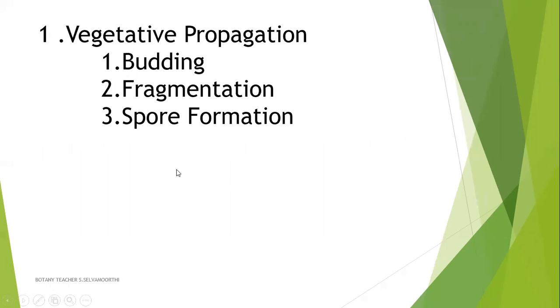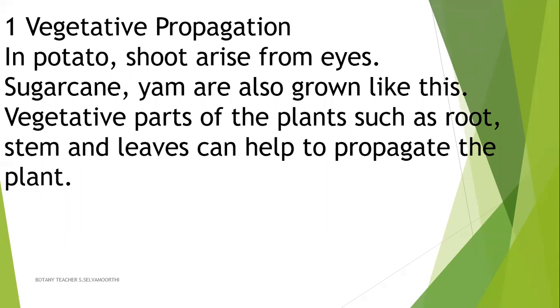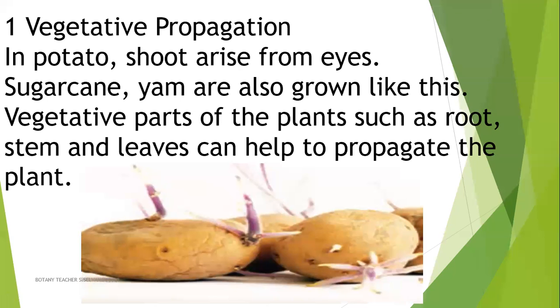First we'll study budding. In potato, shoots rise from the eyes. Sugarcane and yam are also grown like this. Vegetative parts of plants such as root, stem and leaves help to propagate the plant.